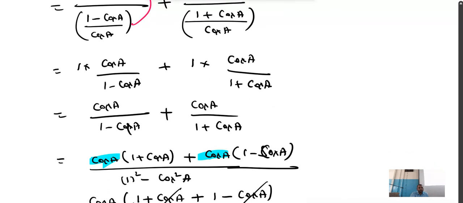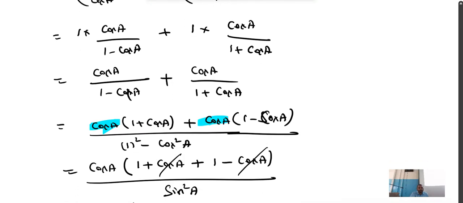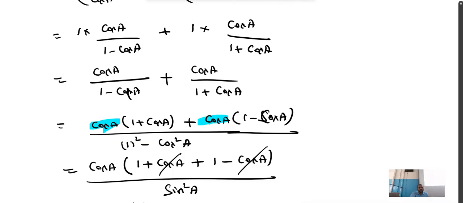So LCM A plus B into A minus B, A square minus B square. Right? Correct, no? Cos A into 1 minus cos A.